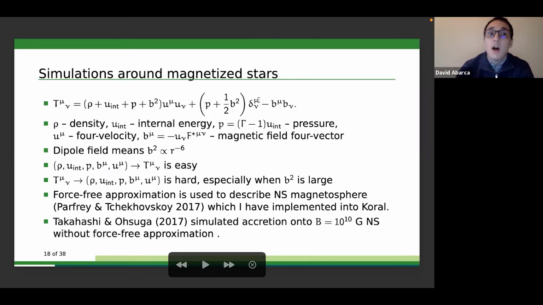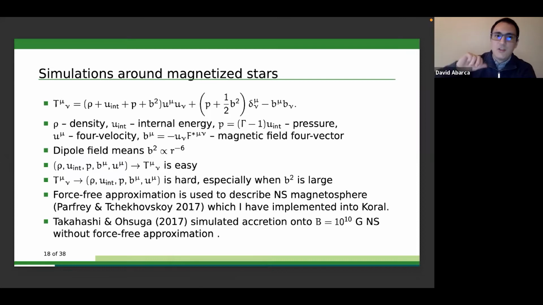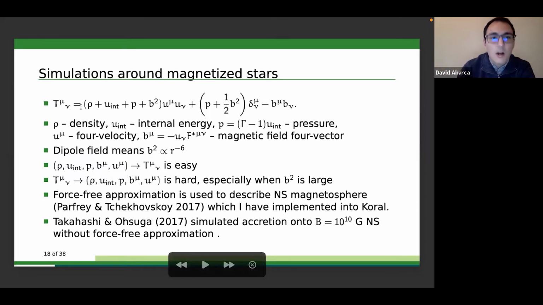The problem is you also, during the simulation, have to do the opposite calculation, where you know what T mu nu are, but you want to find things like density, internal energy, okay? So if you have in the equation things which are generally very small, like the pressure and internal energy, and things which are very large, like the magnetic field energy density, especially around a neutron star, you get a bunch of numerical errors and it becomes very difficult to do properly.